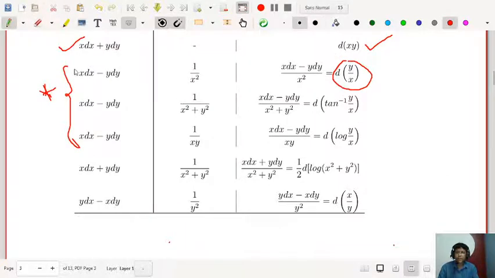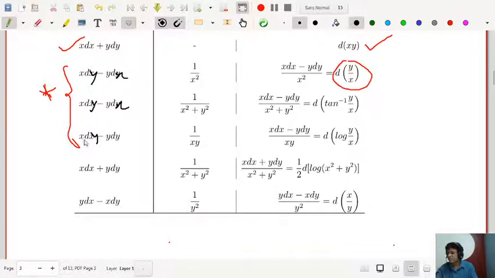Let me write x dx minus y dy by x square. So actually your equation will be x dy. It is written wrong here, so it's a printing mistake. So you write x dy plus y dx, and all this will be x dy plus y dx, right?